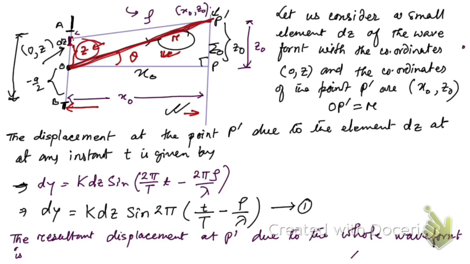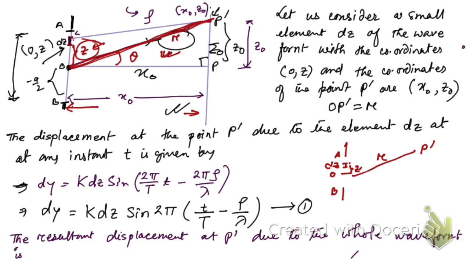We have considered that this is the slit and this is the midpoint between a and b, and the element dz is very close to O, so this distance z is very small compared to this distance r from O to P dash.